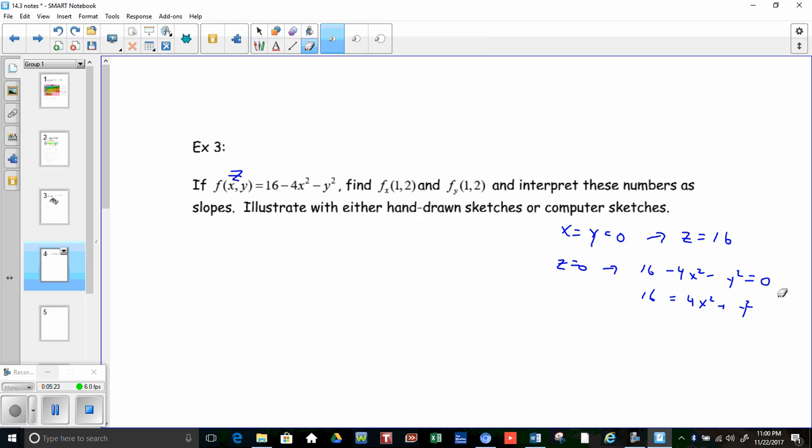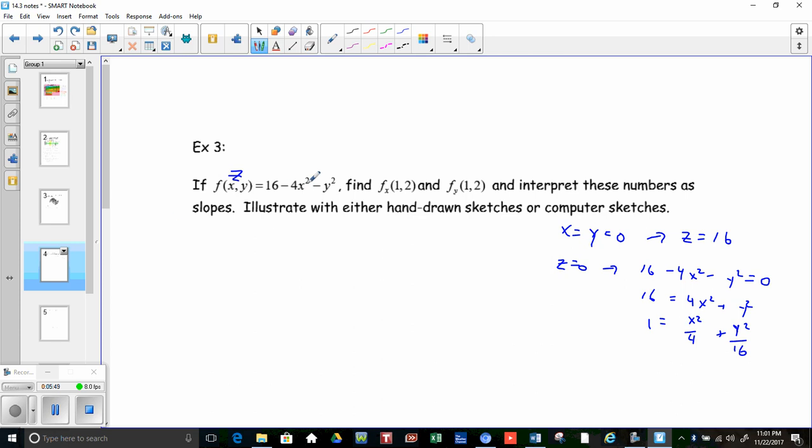And then if you divide both sides here by 16, what you end up with is 1 equals 4 over 16, which is a fourth, so x squared over 4, plus y squared over 16, which is the shape of an ellipse.